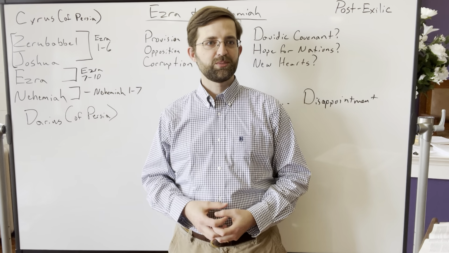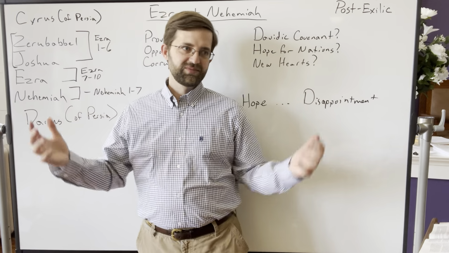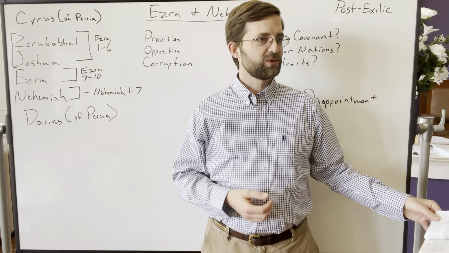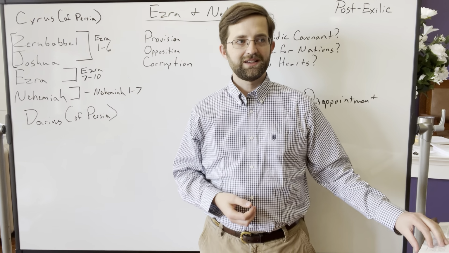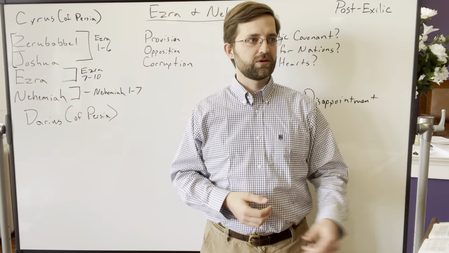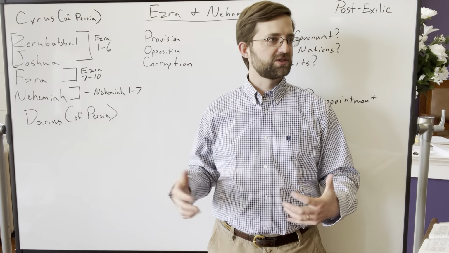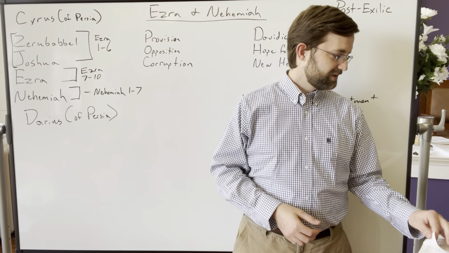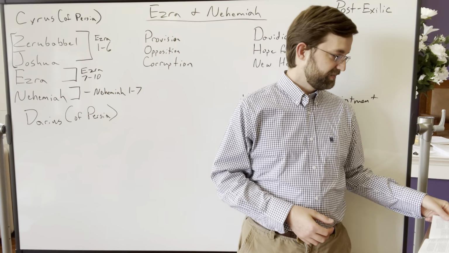They have to pay for it out of their budget. So, that was fun. And so Darius orders the construction be allowed, that it continue, that these other governors not oppose it, and in fact, they have to provide the funds for it. And eventually, it is completed.